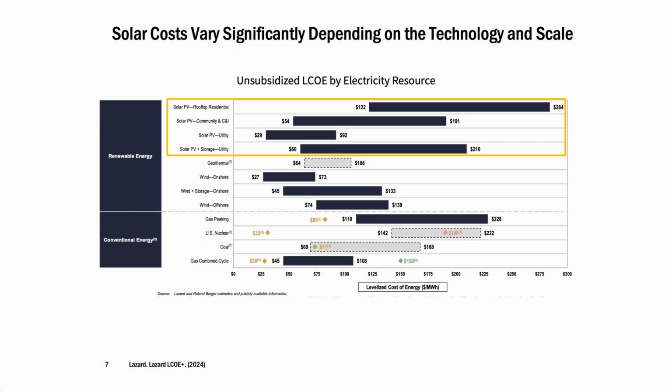So again, our favorite chart in this class, the unsubsidized levelized cost of energy of different electricity resources. And it shows that at the top, you've got the different solar formulations. And you can see that solar PV makes up some of the most expensive new electricity resources that we can build on the grid today with rooftop solar, to some of the least expensive with utility scale solar PV.